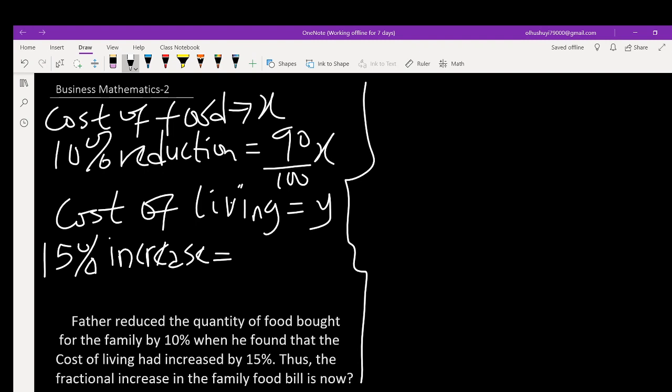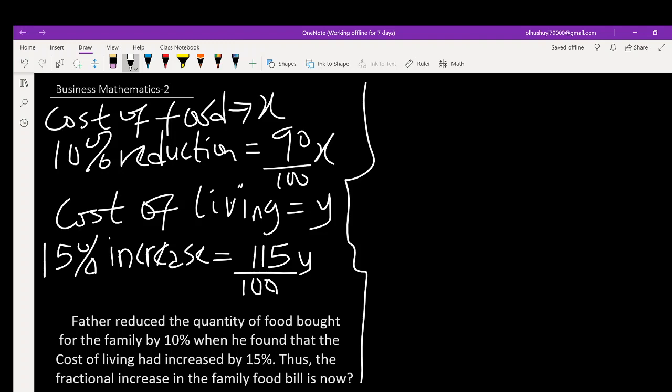That will be 115 over 100 Y. That's the increment.